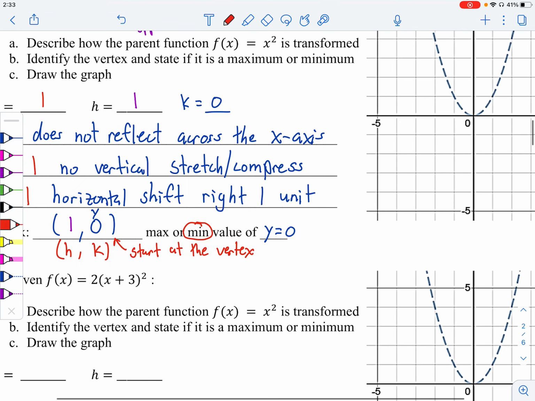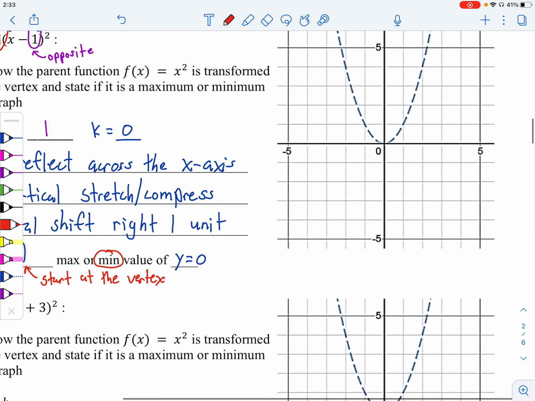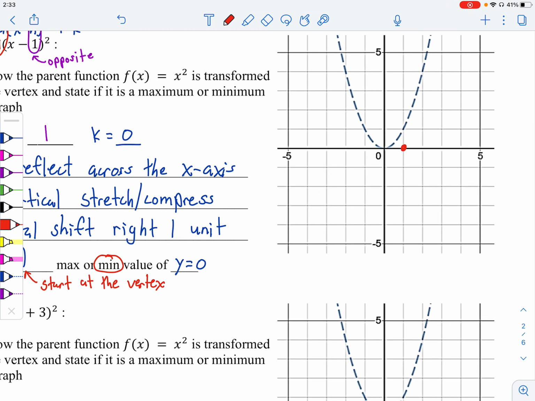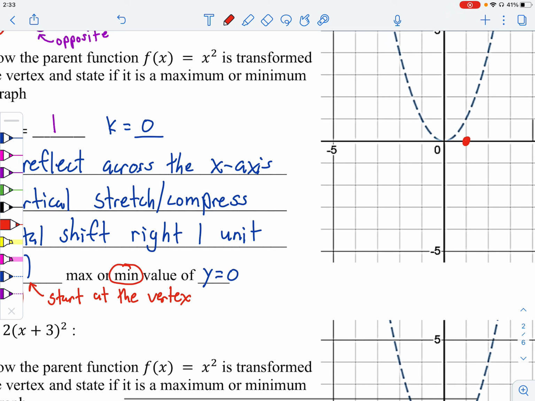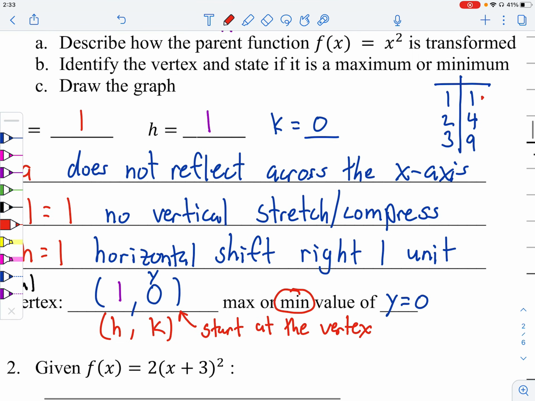When we graph it, we start at the vertex, (1, 0). We need our 1, 4, 9, or "I love chocolate," to find the other points: 1, 2, 3. We always multiply that by our a value, which is 1.